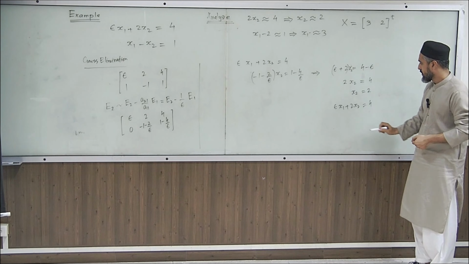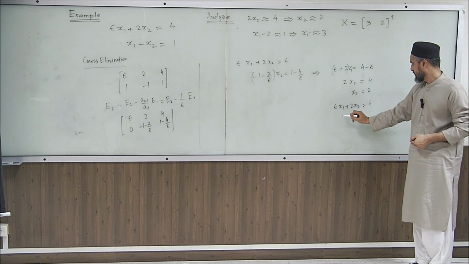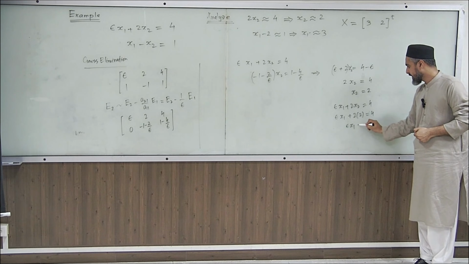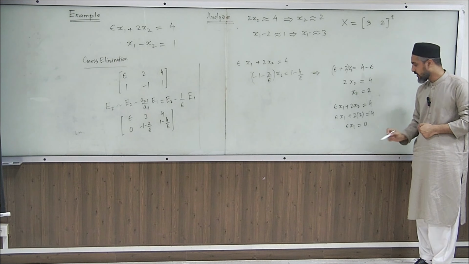Epsilon x1 plus 2 into 2 is equal to 4. So from here you get epsilon x1 as 0, or in other words, x1 as 0.